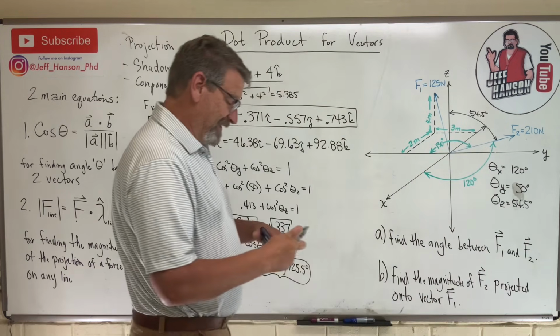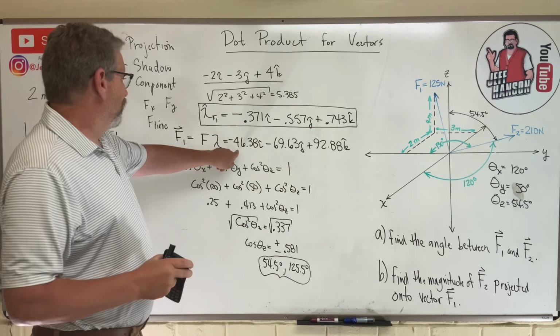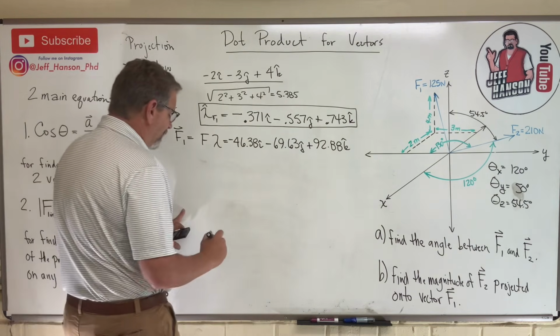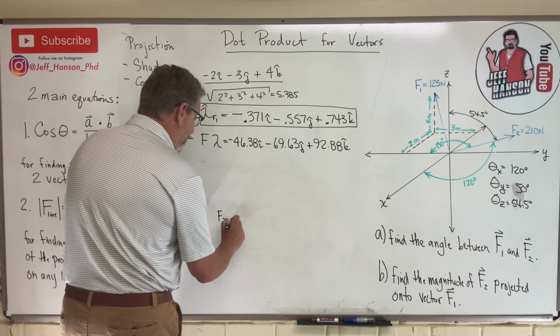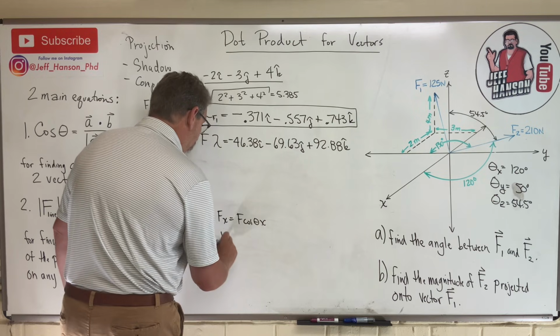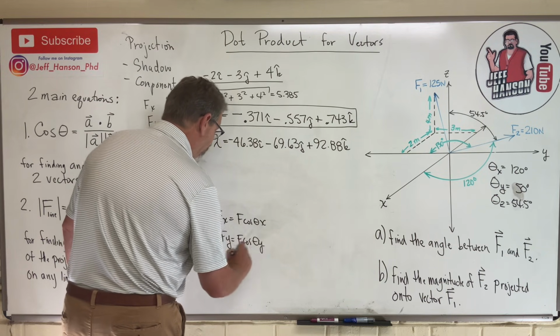Okay, now that we have theta z, we can use our directional cosine equations to write vector F2 just like we wrote vector F1 here. So we recall our directional cosine equations. Fx is equal to F cosine theta x. Fy is equal to F cosine theta y.